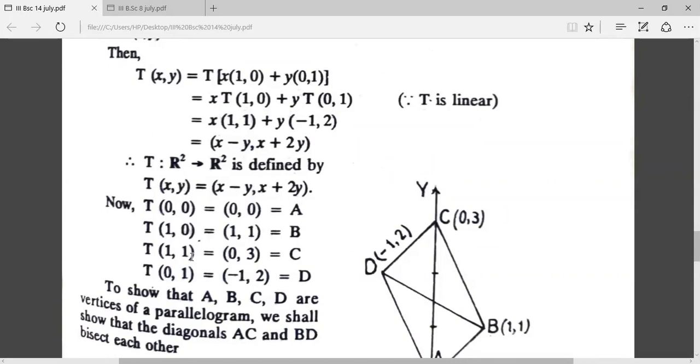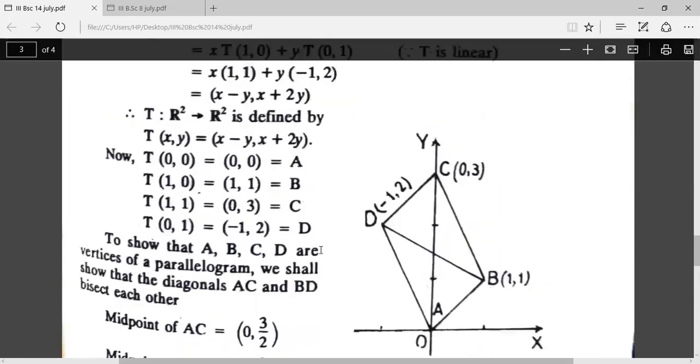T of (1, 1), when x is 1 and y is 1, you will get (0, 3). Call that vertex C. T of (0, 1), when x is 0 and y is 1, you will get (-1, 2). Call that vertex D.